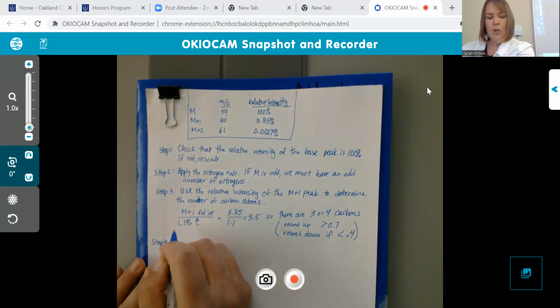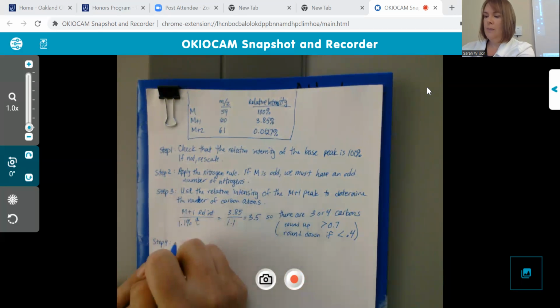You look at the M+2 peak to see if there's evidence of bromine, chlorine, or sulfur.